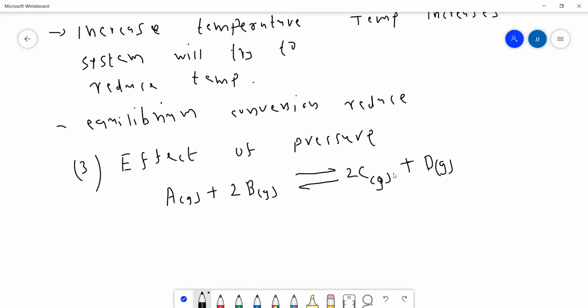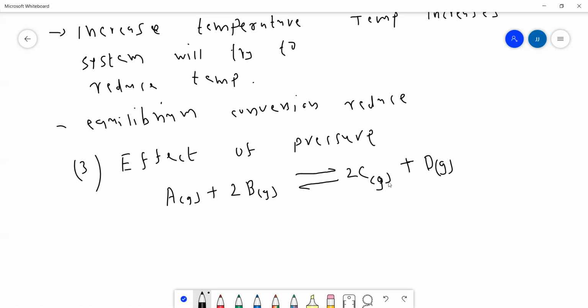We know that only for a gas phase reaction does pressure have an effect, because the concentration may change if we change the pressure. There is no effect of pressure on a liquid phase reaction, because liquid is an incompressible fluid, whereas gas is a compressible fluid. So the concentration is always affected by pressure.